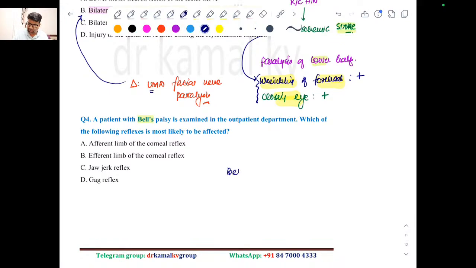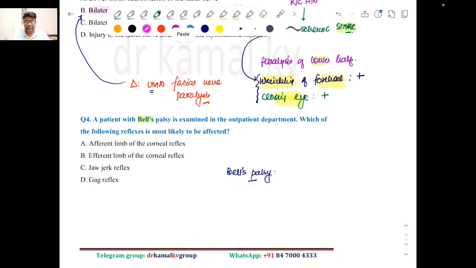Now I think the moment I write the word Bell's palsy, what is this? Upper motor neuron or lower motor neuron? Now what is Bell's palsy? Yes, I am waiting for your answers. Bell's palsy is what?